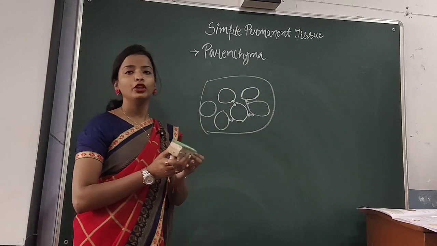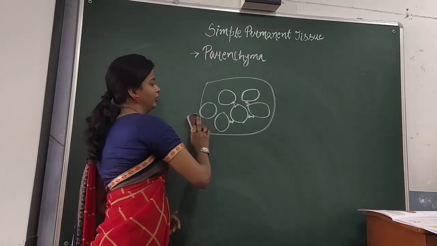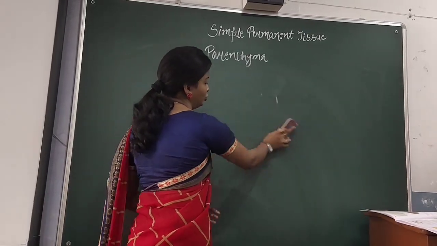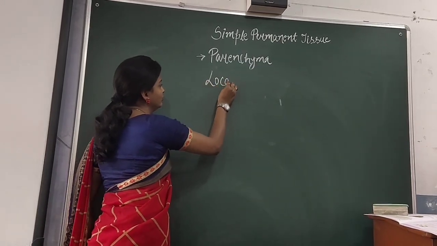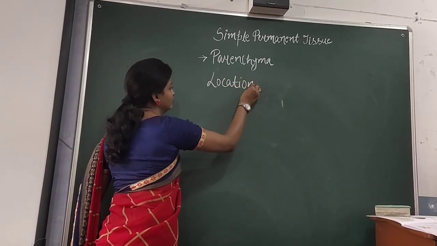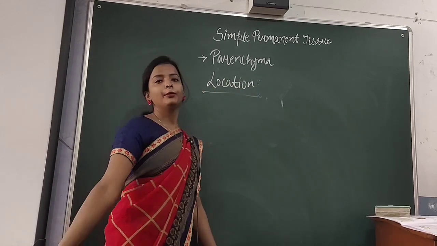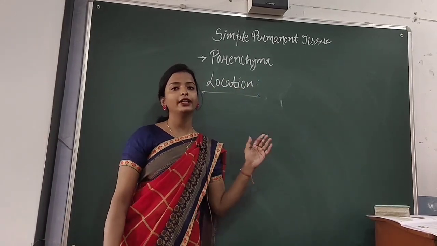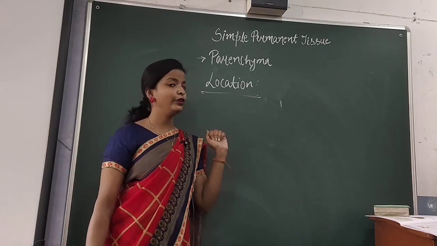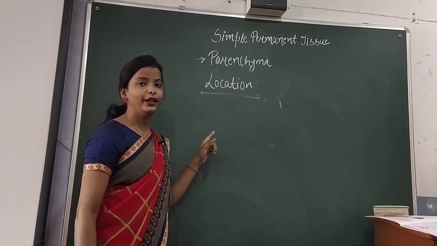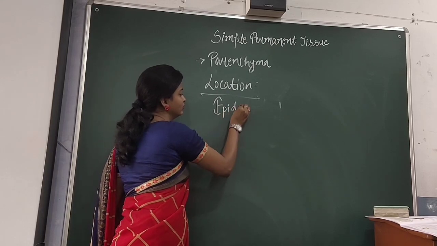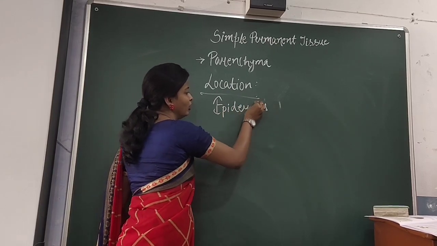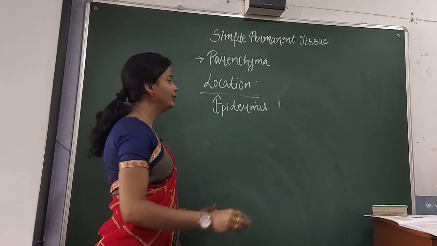Then when we will talk about the location where they are present. So, when we will talk about the location of parenchyma cell, they are present at the epidermis or at the top layer of the plants.